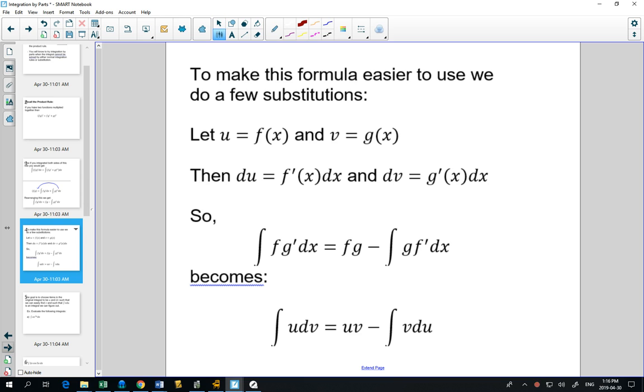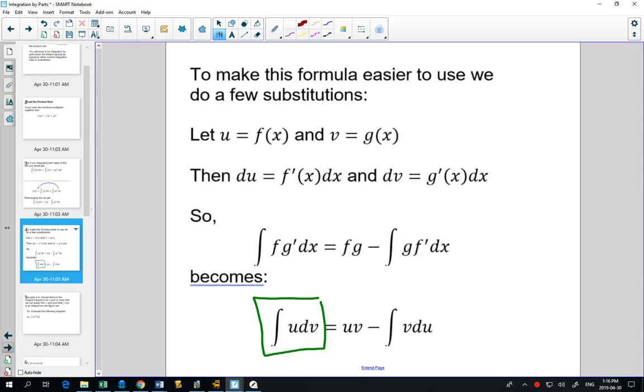And the idea is if we can take our original integral, this is what on the right-hand side is the original one that we do not know how to do. And we make a substitution. We decide we're going to make something u and we're going to make something else dv.